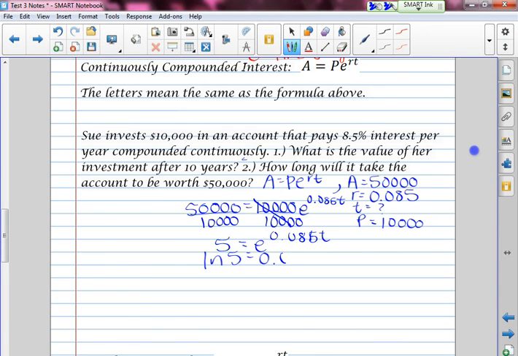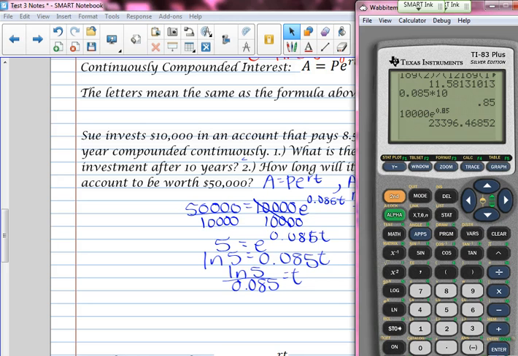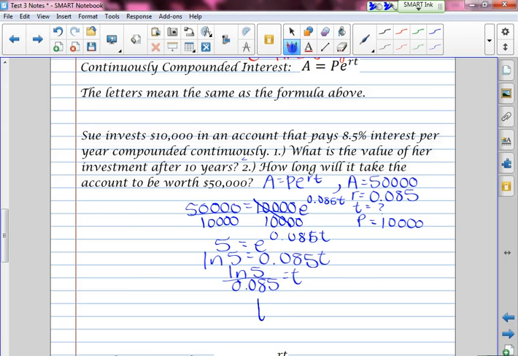And you do not have to write the natural log of E because it cancels out. Now all you have to do is divide by 0.085 to get T by itself. So, natural log 5 divided by 0.085, and 18.93 years is the answer.